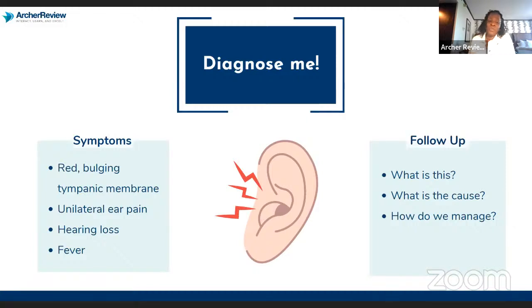So you want to make sure it is an effective antibiotic that can fight those germs or those bugs in the ear. If it's otitis media with effusion that persists for more than 12 weeks, so about 3 months or so, and they're still complaining, then we want to refer that patient out to ENT before we end up with further damage to the ear.